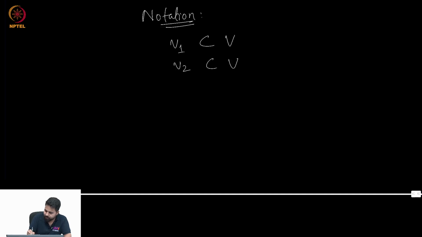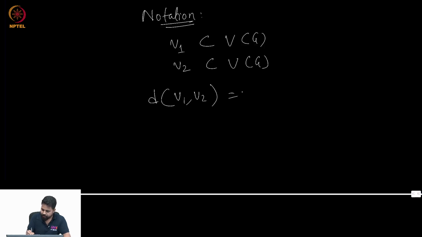Then the distance between V1 and V2 is the minimum of the distance d_ij, where i is in V1 and j is in V2.